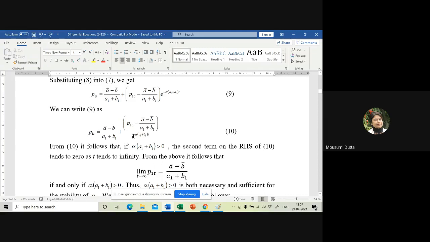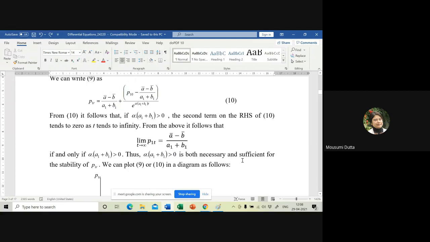So in that case, the denominator will move towards 0, so you will get this expression divided by 0, and this part will move towards infinity. So Ion rightly pointed that if alpha into A1 plus B1 is positive, the second term on the right hand side of equation 10 tends to 0 as t tends to infinity.